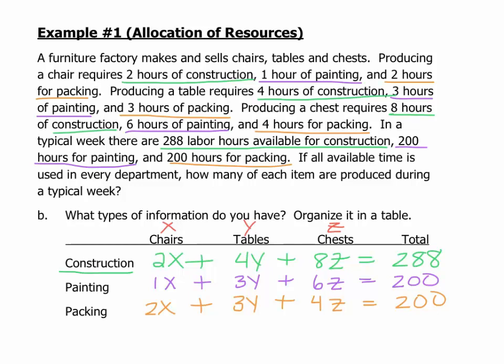The other thing that often happens for students is they have the columns and the rows switched. So I would be careful to always put the different variables in the columns and the different types of values you're given in the rows. So we have construction numbers in our first row, painting numbers in our second row, packing numbers in our third row.